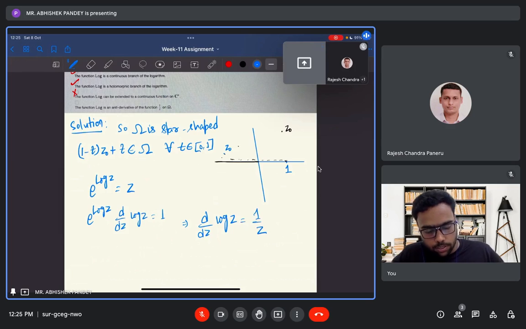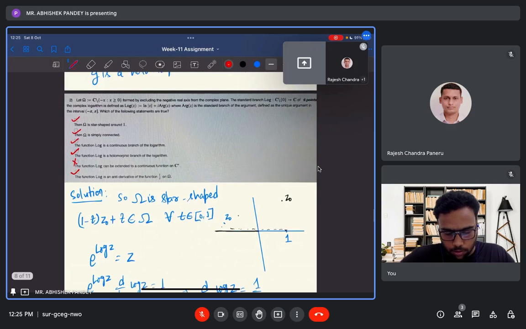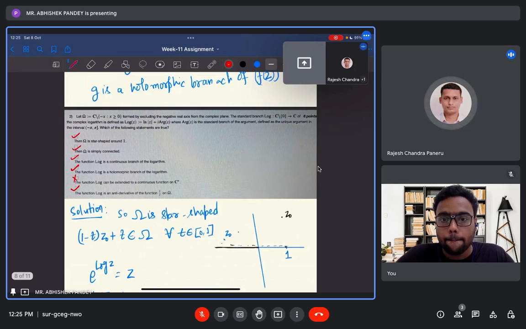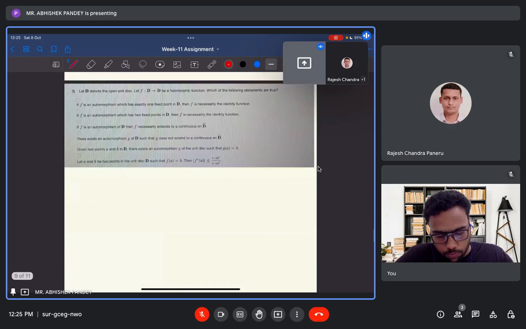So the derivative is 1 by z. This is true. Is it clear? Yes, sir, clear. Okay, now let us move to the third question.